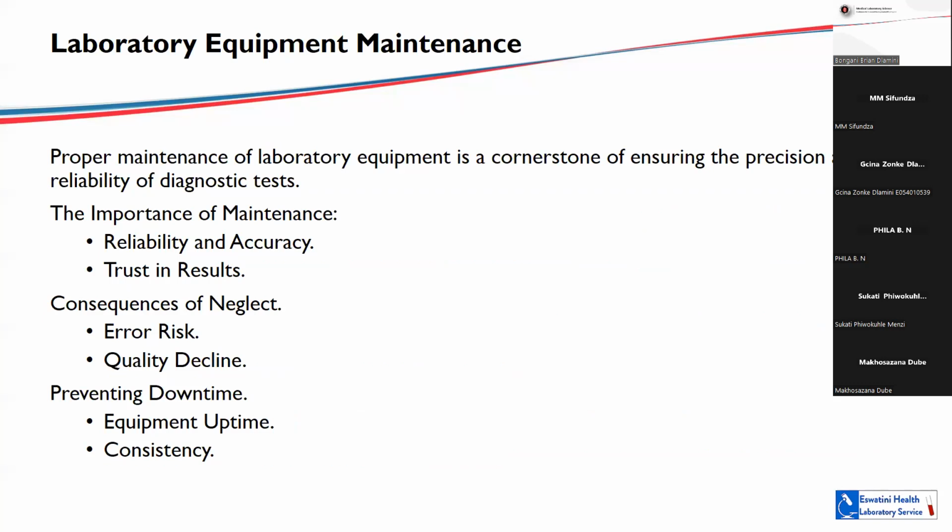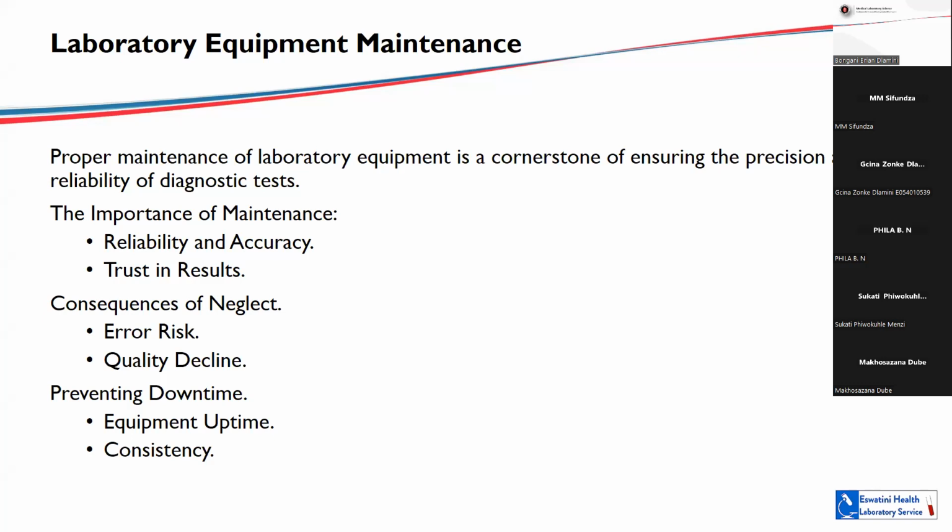The importance of maintenance is reliability, accuracy, and trust in the results. So if everything is done well, the analyzers are well maintained and well calibrated, they run well with the internal quality controls, and they pass the EQAs, then we are assured of reliability and accuracy, and then we trust our results.